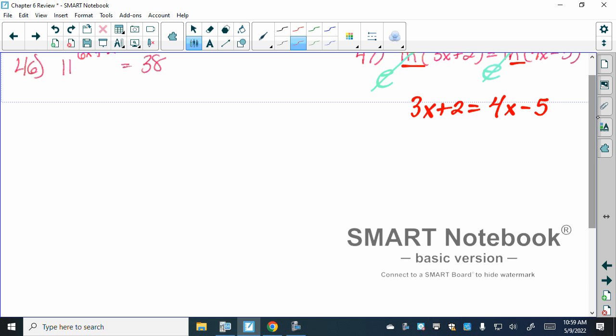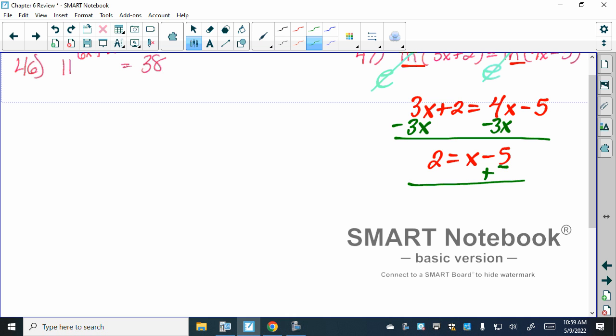Now at this point here, we just need to solve for the value of x. So we could minus 3x from both sides, telling us 2 is equal to x minus 5. Then we could add 5 to both sides, telling us x is equal to 7.